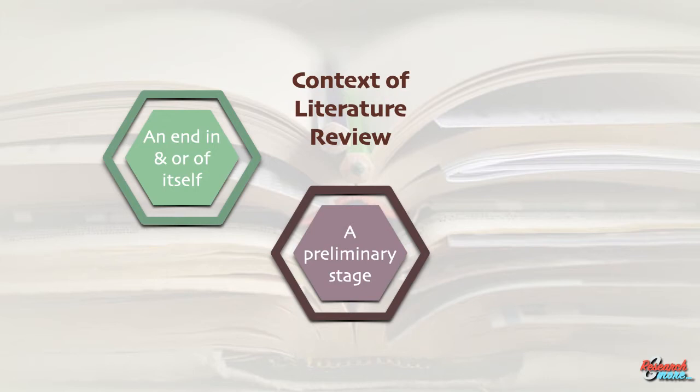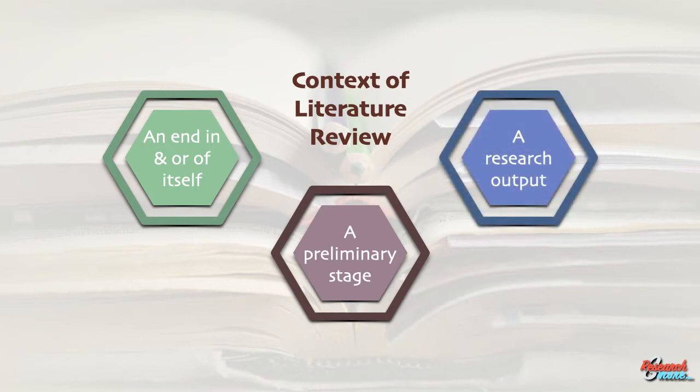This is often required for a thesis or dissertation proposal. It is also frequently used as an element in proposals for research grants. It is undertaken to make sure the proposed research questions have not already been answered. And the third is a component of a finished research report.